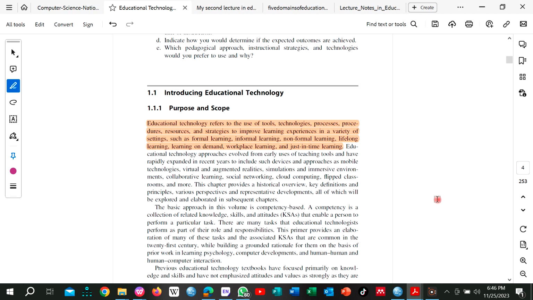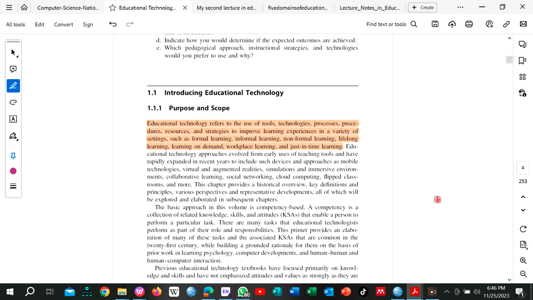Then it is also about the procedures, the resources, and the strategies that we use to improve learning experiences in our settings, either informal or formal settings of learning. So we need this at the workplace, in our classrooms, all the time.